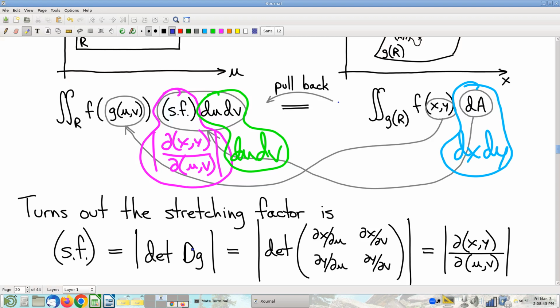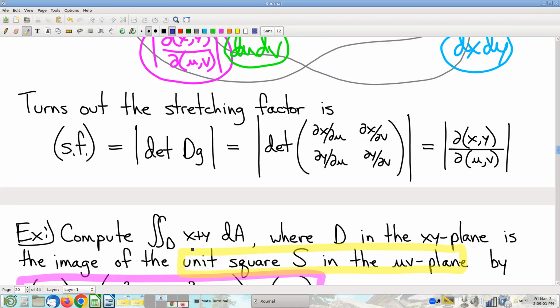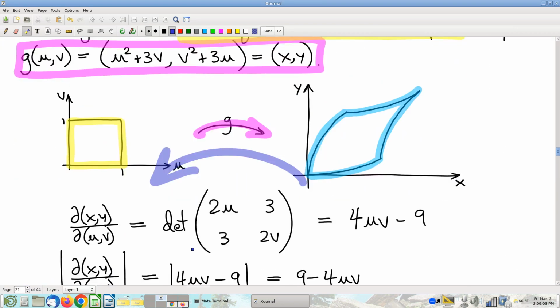I know this change of variables function g. That's just a matter of plugging in. The tricky part is I'm going to have to figure out what my stretching factor is. But again, I have a formula for my stretching factor: the absolute value of the Jacobian determinant. So let's do that part first. Let's compute my Jacobian determinant.